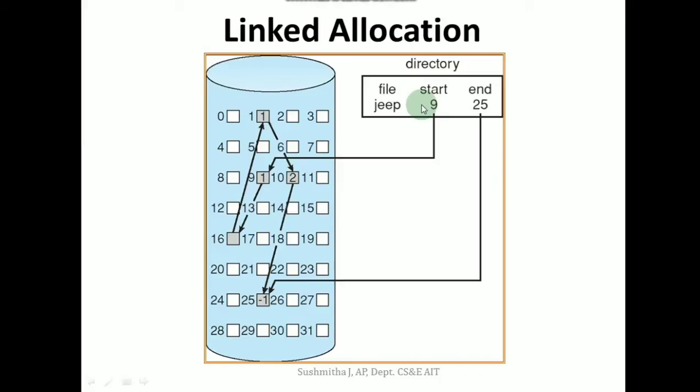This pointer is initialized to nil to indicate that it is an empty file. So when the file is just created, it does not have any data, which is indicated by nil.